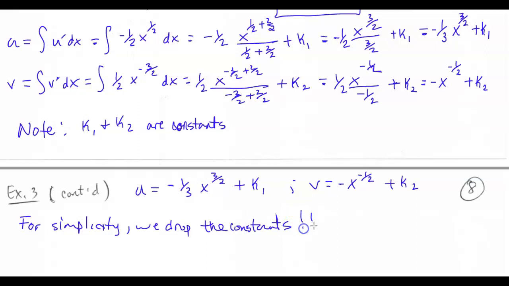Now, the reason why I'm dropping these constants for this particular method is, remember that our general form for our particular solution follows this form.